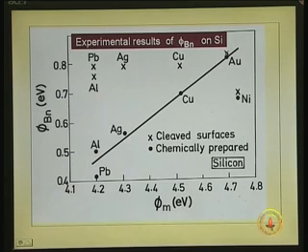Now, you see here there are two values for aluminum. The cross says 0.75 electron volts, and for the same material the black dot says it is 0.5, both of them away from your theory. So, it shatters your theory totally.